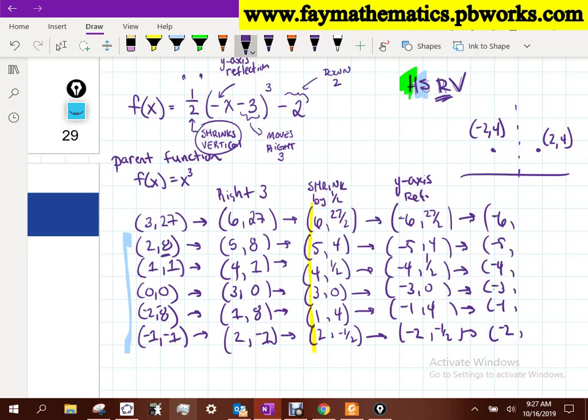And the Y's, I'm going to subtract 2 from this, right? So that's going to be minus 4 halves. So that's going to become 23 halves. This is going to become 2. This is going to become negative 3 halves. This is going to become negative 2. This is going to become 2. And what's that, negative 5 halves?